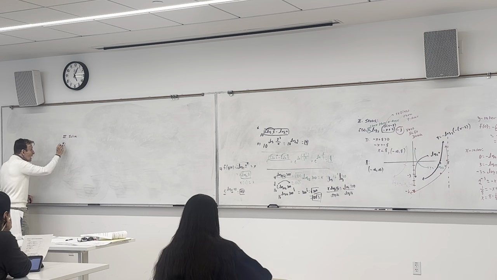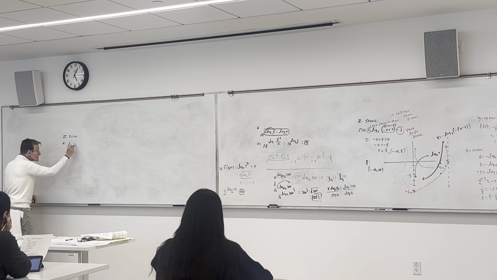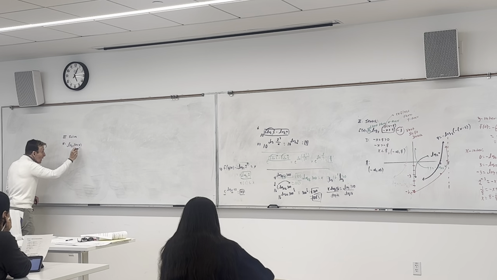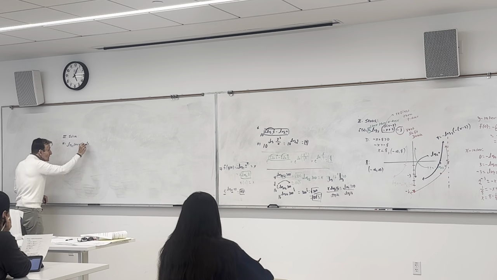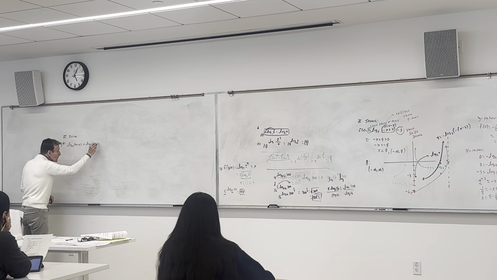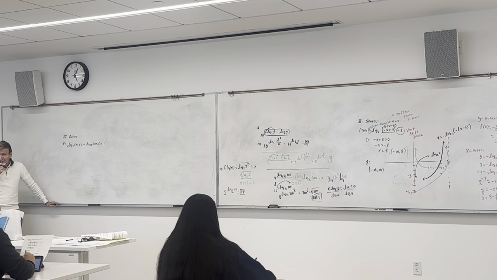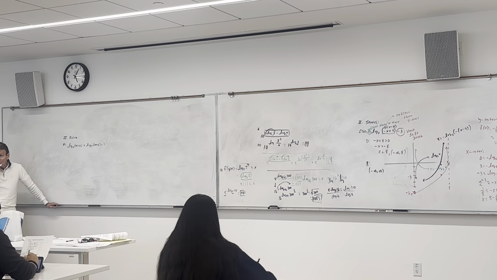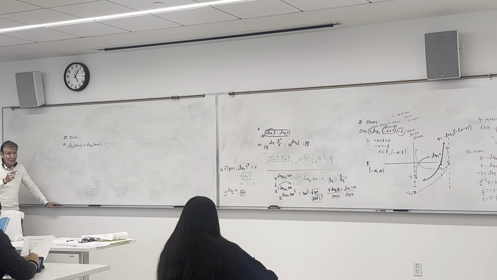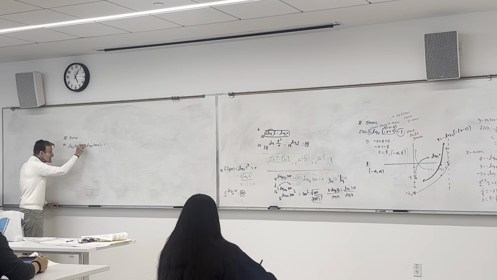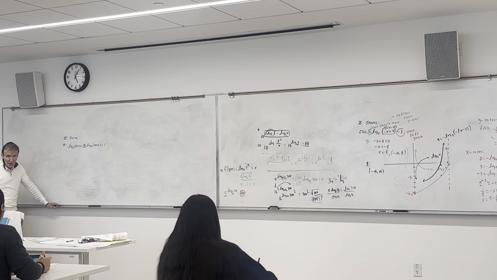Log base 5 of x plus 6, plus log base 5 of x plus 2, equals 1. You guys watch carefully. What's in that chapter 4? You're going to solve for x. What does this give you a hint as to what's going on here?